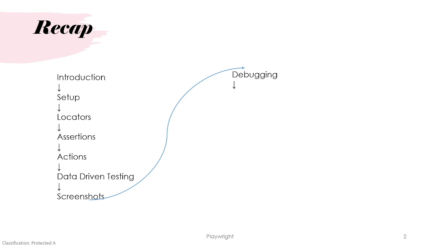Debugging. Playwright has many tools for debugging: console log, trace view, inspect. Also, Playwright can do API testing. Playwright with Axe can do accessibility testing.